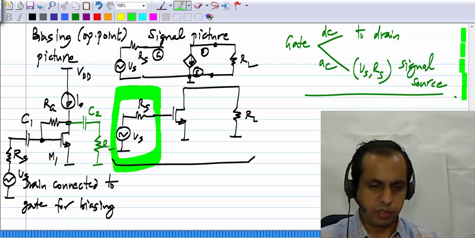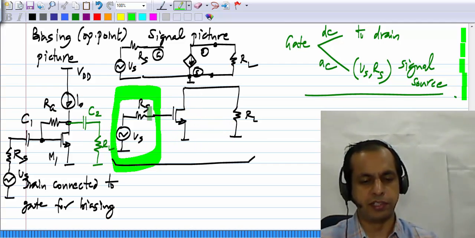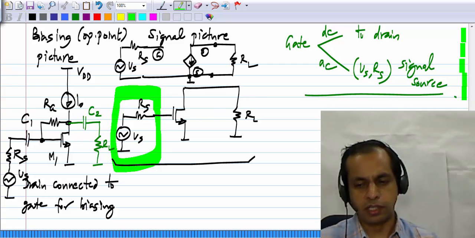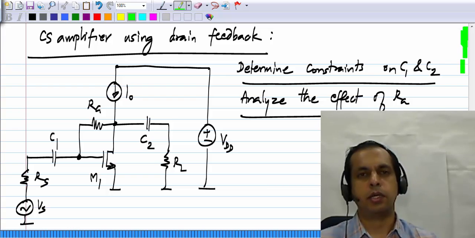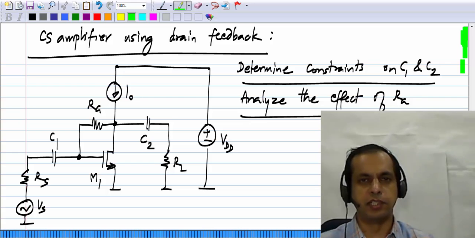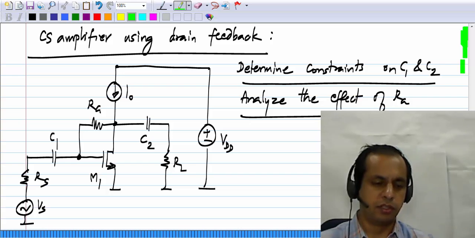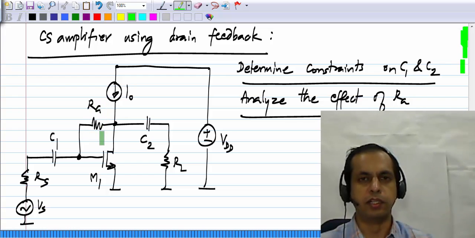This is the basic common source amplifier. It has the transistor, signal source and load, that's all. The RG is something extra. It is similar to the bias resistors we have in the original common source amplifier topology. We had R1 and R2 on the gate side and drain bias resistor RD, and we analyzed the effect of that and saw what happens. Similarly we have to do it here. We have to find the effect of RG and see what is a good value so that it doesn't significantly or adversely affect the common source amplifier.